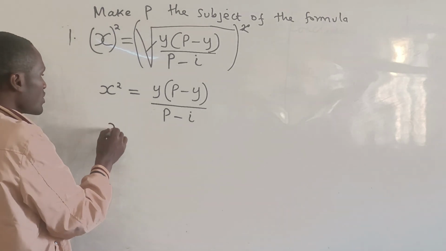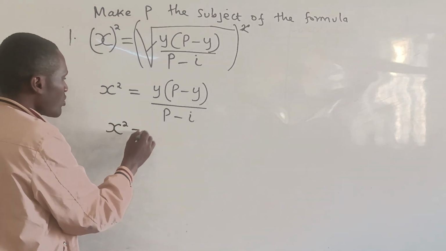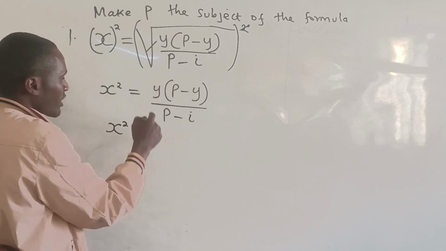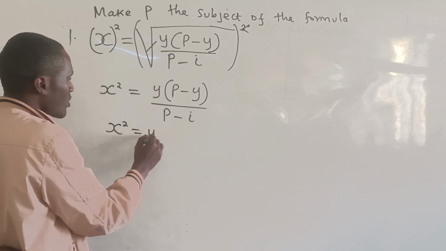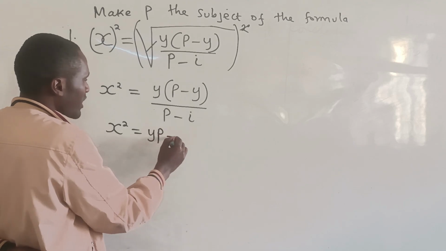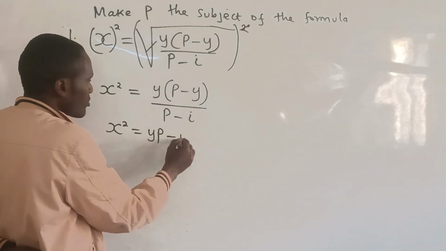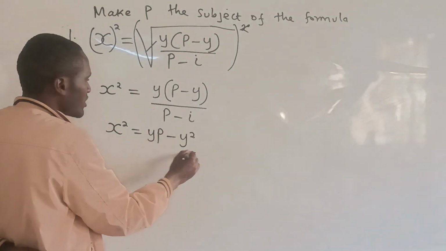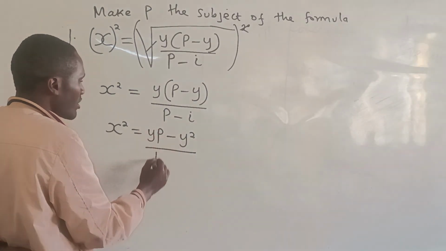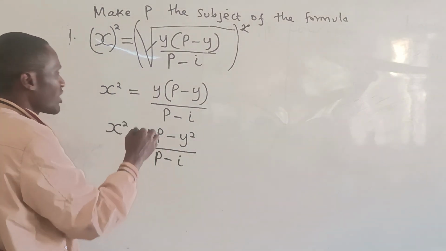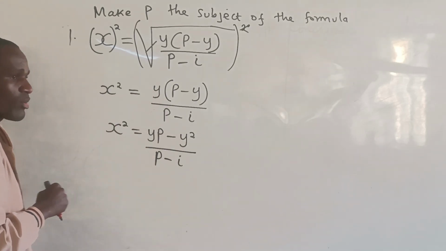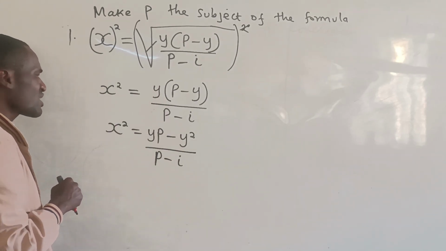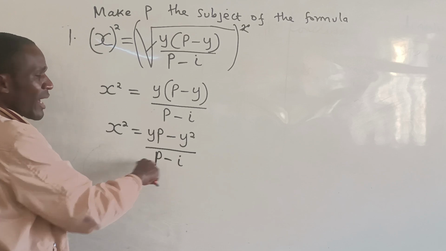The next thing to do: x squared is equal to, open the brackets, y times p, that is yp or py, minus y times y, that will be y squared, which is put over p minus I. I have just opened the brackets to make my work easy. The next thing, I am going to remove my denominator.